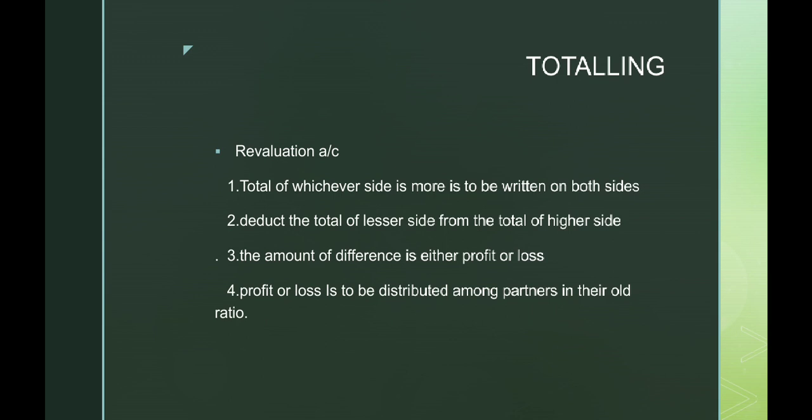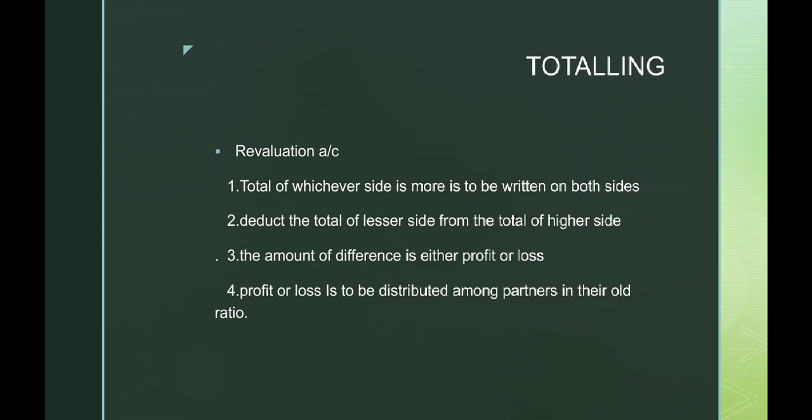Everything should be completely done. Now what is the rule of totaling balancing accounts? You know this very well, but let us quickly revise. The total of whichever side is more is to be written on both the sides. This is the rule that we apply while balancing every ledger account.